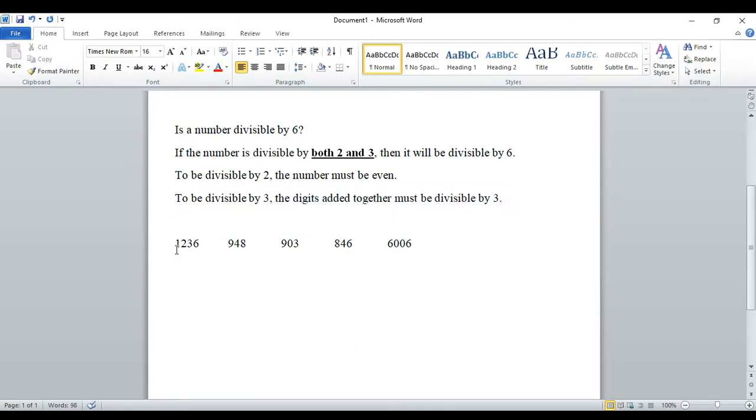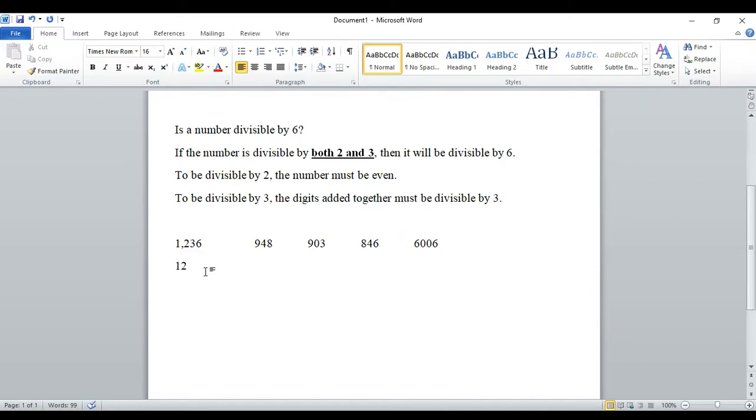So let's look at this one, 1,236. Well, it's even, so it passes one of the tests. But now let's add up the digits. 1 plus 2 is 3, and 3 plus 3 is 6, and 6 plus 6 is 12. So will 3 go into 12?